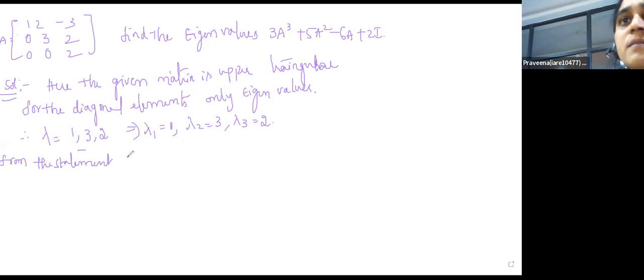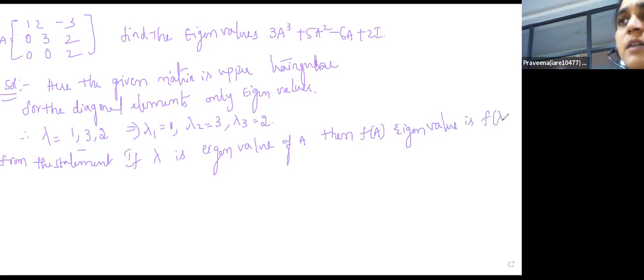if lambda is an eigenvalue of A, then what is the eigenvalue of f of A?